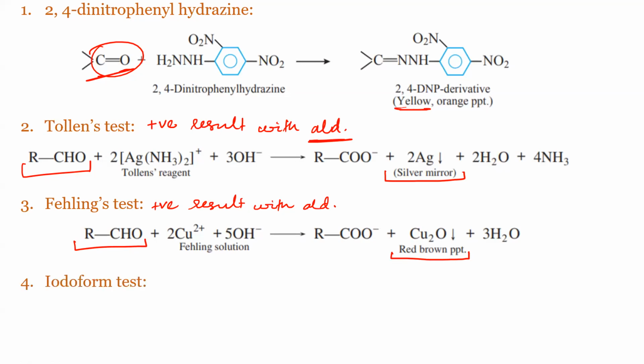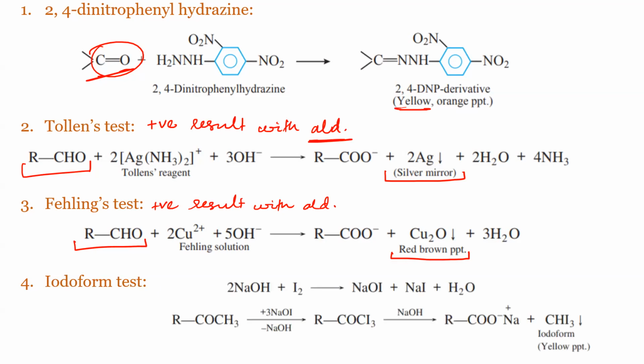Then we have the iodoform test that you can confirm. The iodoform test is a bit important because ketones will give the iodoform test, but it should have a methyl group also. So if the COCH3 fragment is present, then you will have a positive iodoform test.